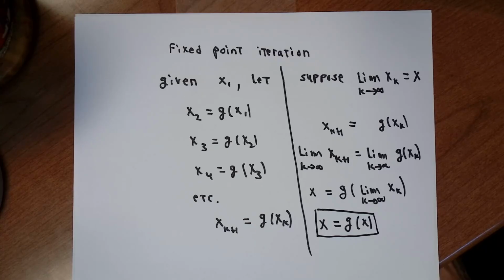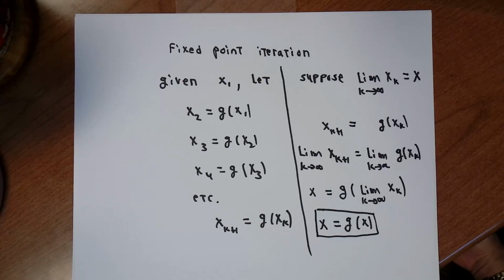So, if g is continuous, at least at the x's we encounter, and this sequence of numbers converges to something, that something must be a fixed point of the g function. The connection between this and what we've done previously is, if I'm trying to solve f of x equals 0, it may sometimes be possible to rewrite that equation as a fixed point method.